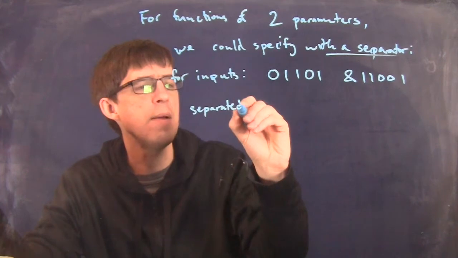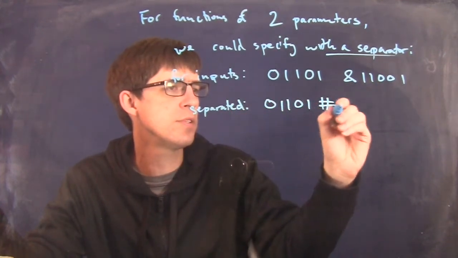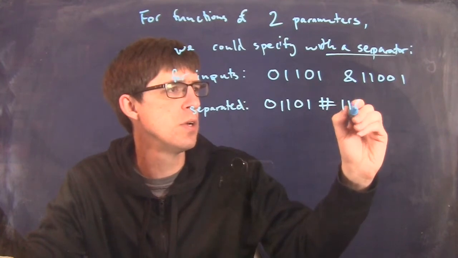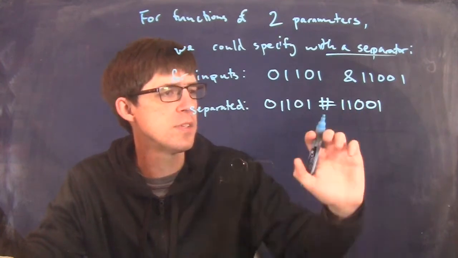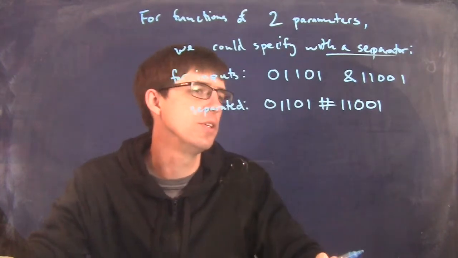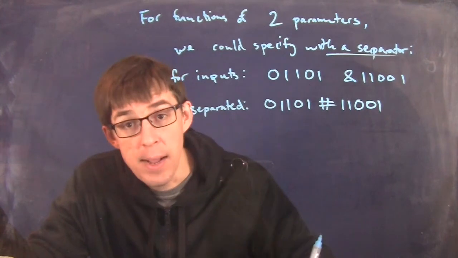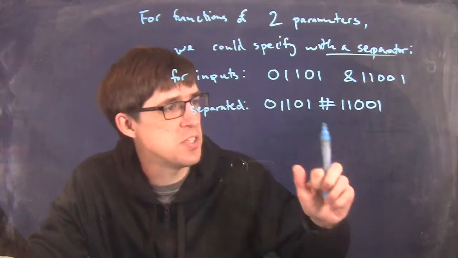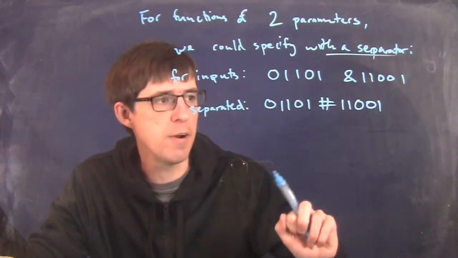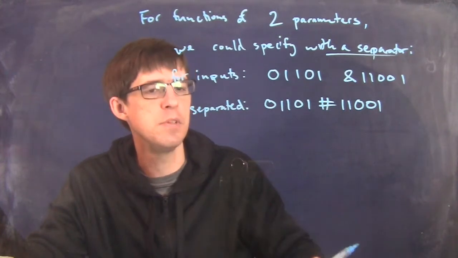You would just jam them together into one string, 0, 1, 1, 0, 1, and then put some other character, this hash, this is what computer scientists call that, which is why it's called the hashtag, separated by this, just some other made-up character whose only purpose is to act as a separator so that you can see the difference between the two inputs.